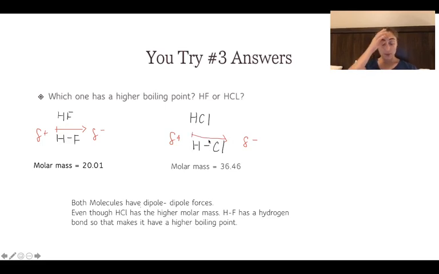Of course, there's a dipole moment that exists here, but look at the relative molar mass of this one. It's insanely higher. So if we were to guess which one had the higher boiling point, we would say this one, which has the higher molar mass. But because HF has a hydrogen bond, even though the molar mass of this one is higher, we would still say that this one has the higher boiling point because of the hydrogen bond that's present. So HF is actually your answer here.